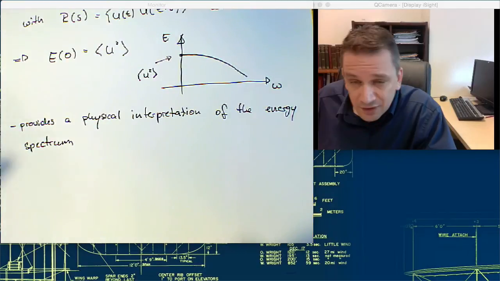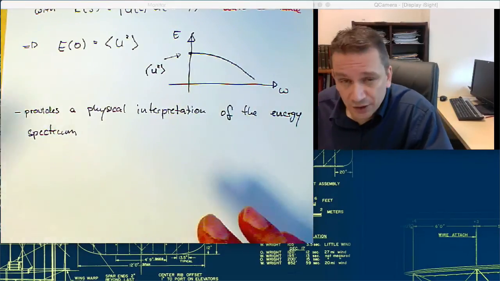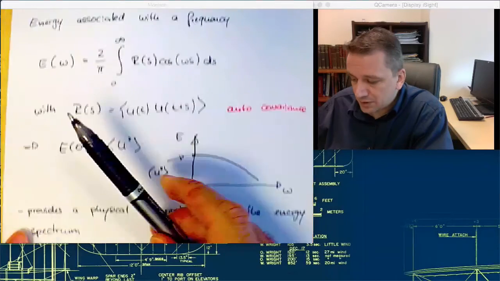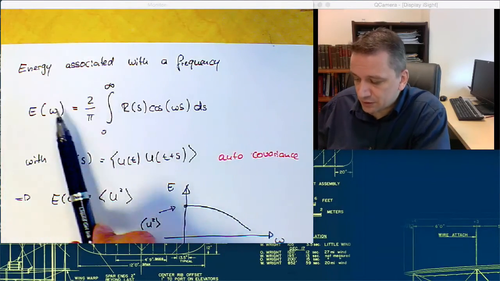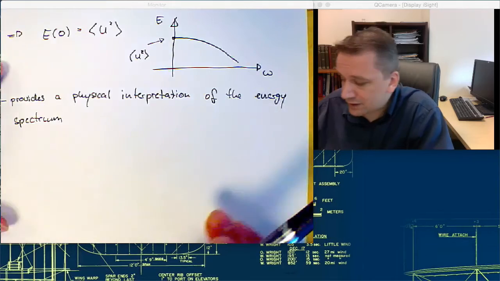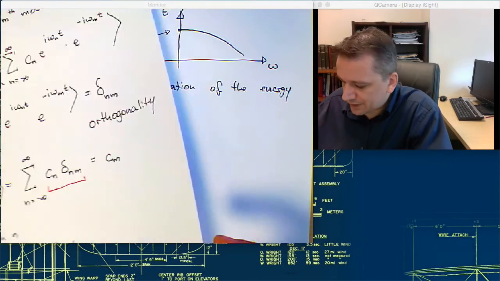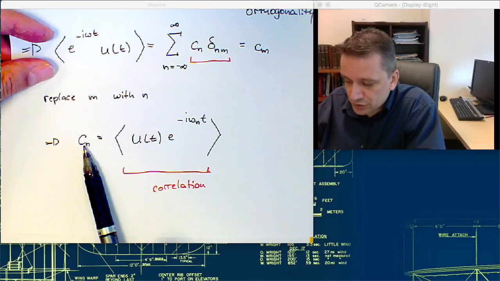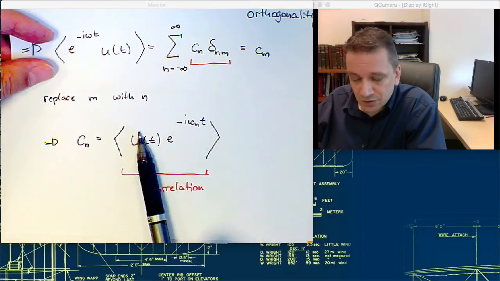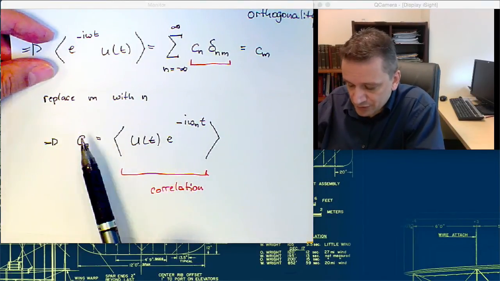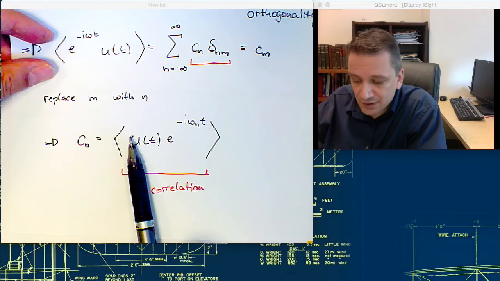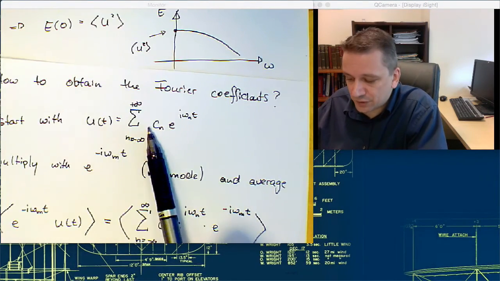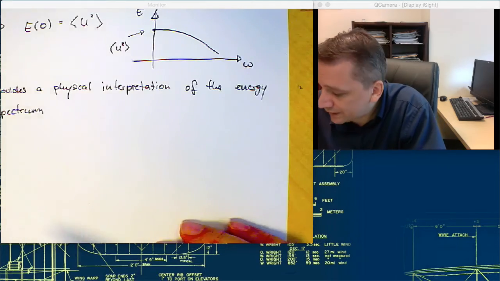And the interesting part here is that the energy spectrum you can also use to recreate the original signal. So the conversion from the original signal to the energy spectrum and vice versa. You can calculate your coefficients from your original signal. But of course, if you go back over here, you can also recreate your signal from the coefficients. And the same thing you can do with the energy spectrum.